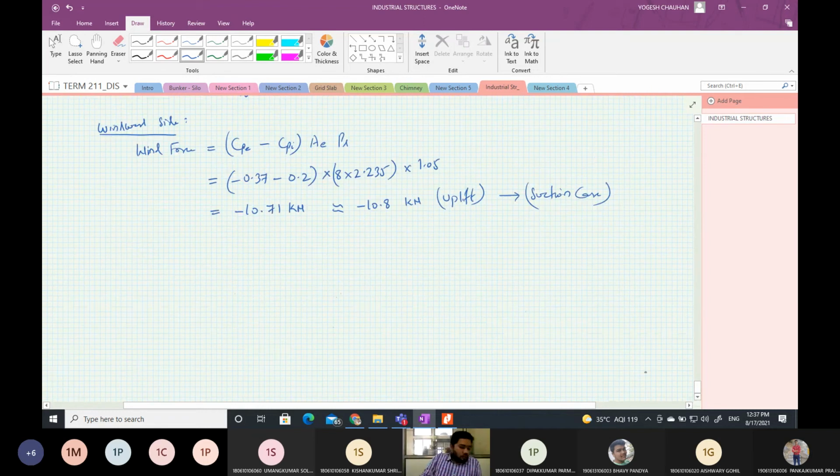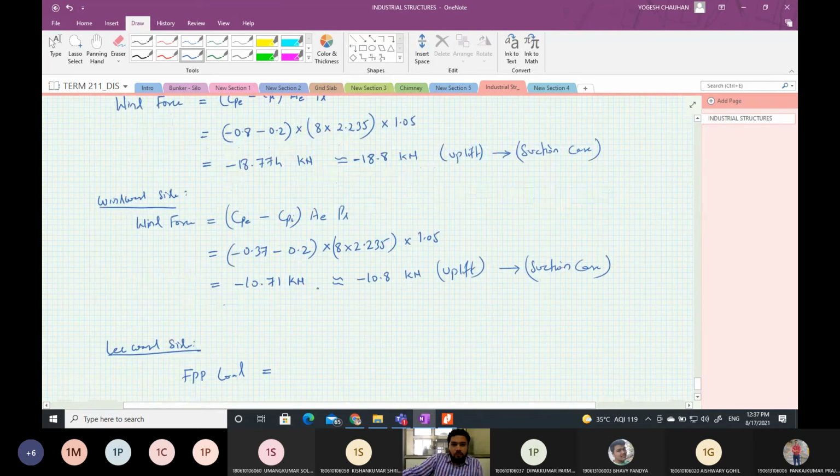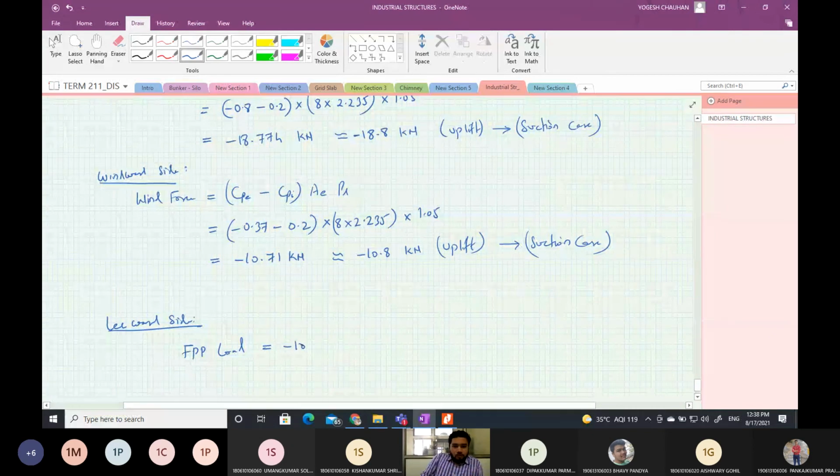So now we can find the half panel point and full panel point load. On the leeward side, the full panel point load will be equal to minus 18.8 divided by 8.